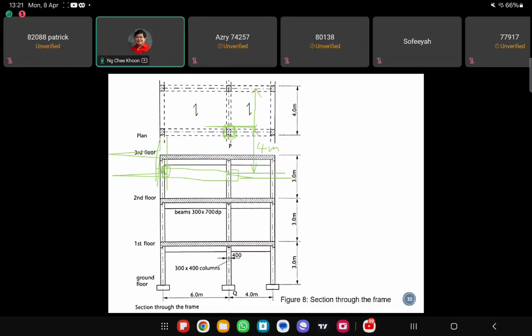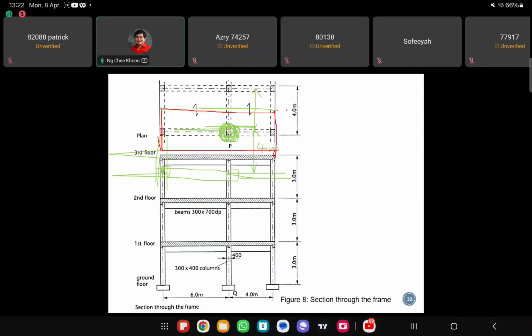So the load that is going to be transferred to column PQ is actually all this area over here.